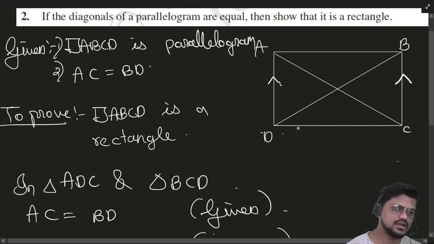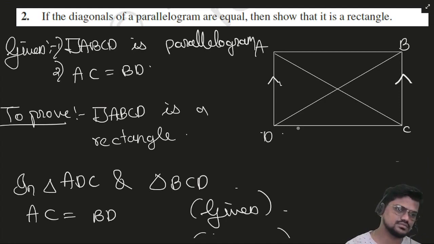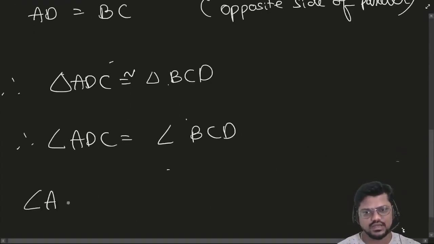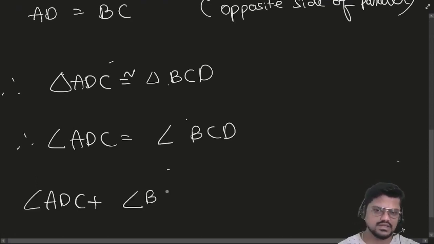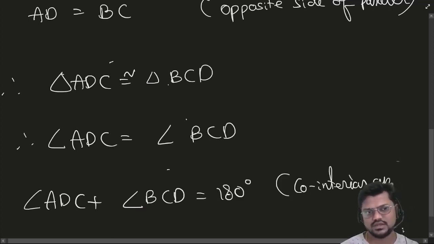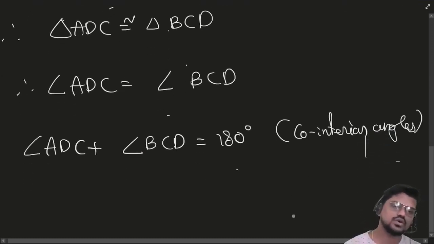Why? They are co-interior angles. Angle ADC plus angle BCD is equal to 180 degrees because they are co-interior angles.